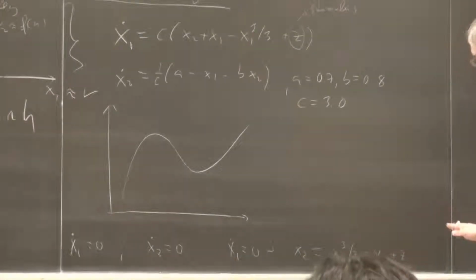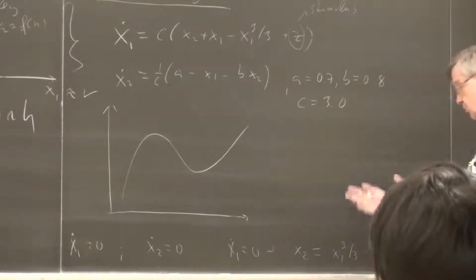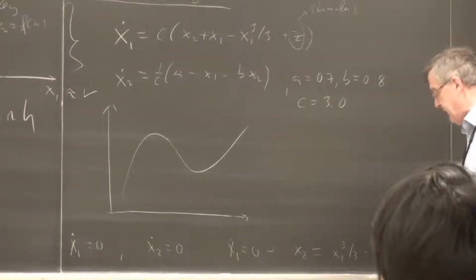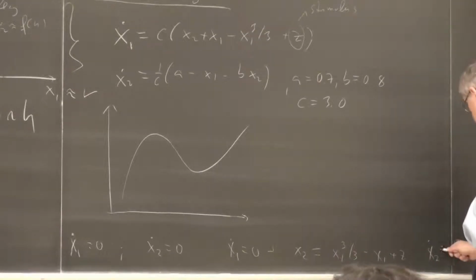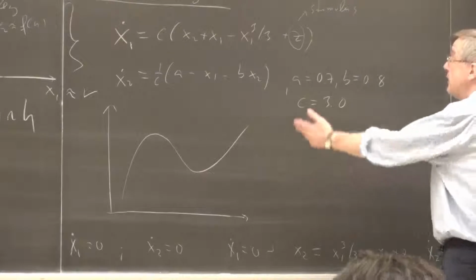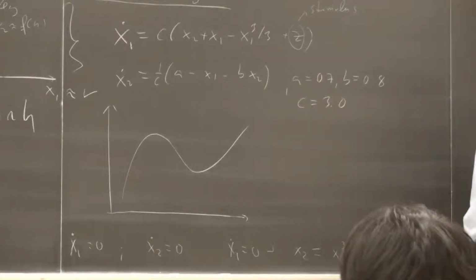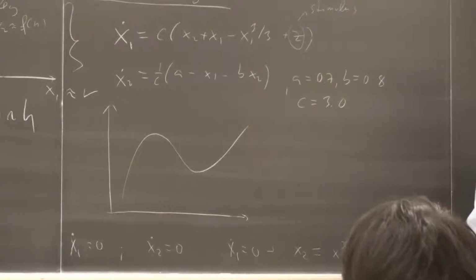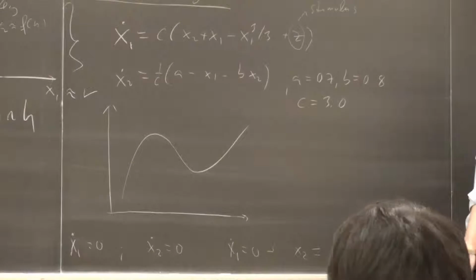But that rescued me. So this is what you're getting, this kind of cubic polynomial curve. For x2 dot equals 0, we are getting just a linear curve, x2 equals gamma x1 plus delta.